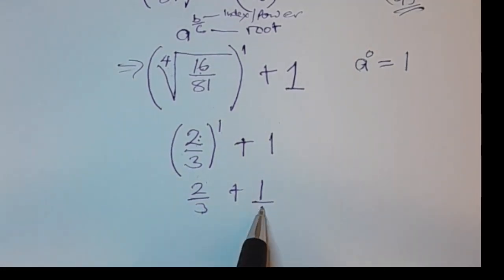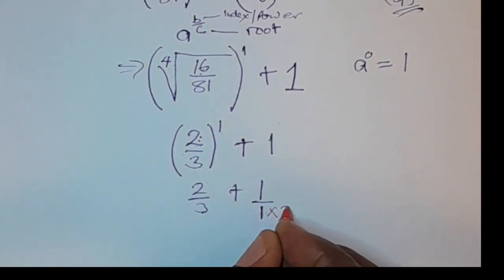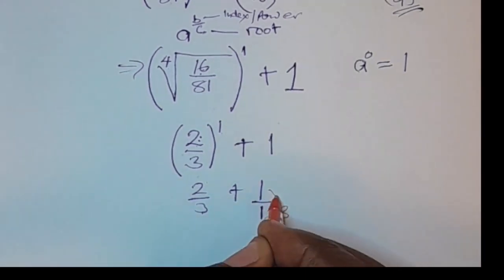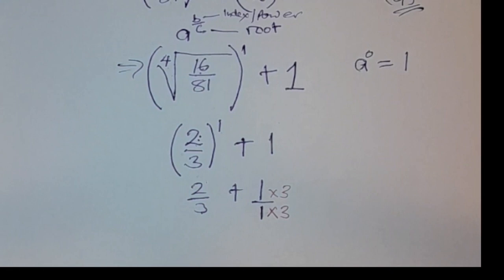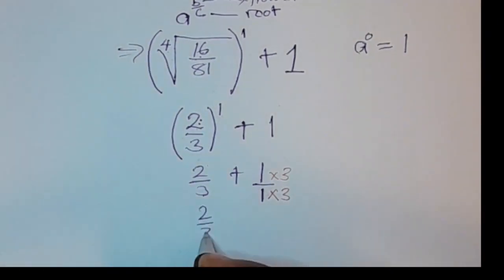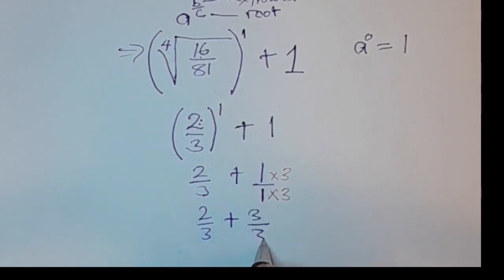We multiply the denominator by 3, and what we do on the denominator, we also do on the numerator. So we have 2 over 3 plus 1 times 3 is 3, over 3.